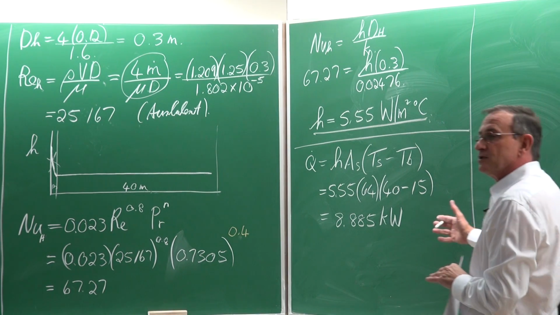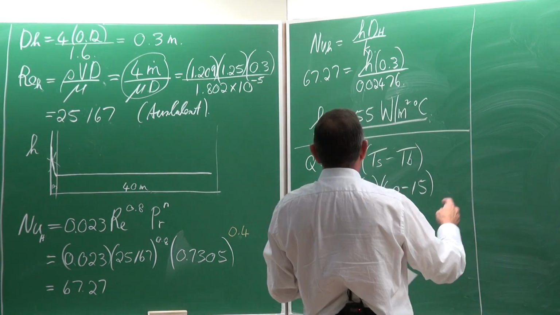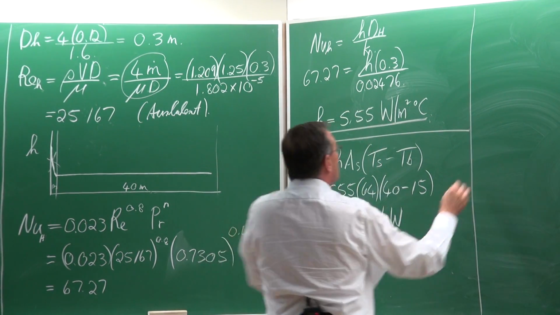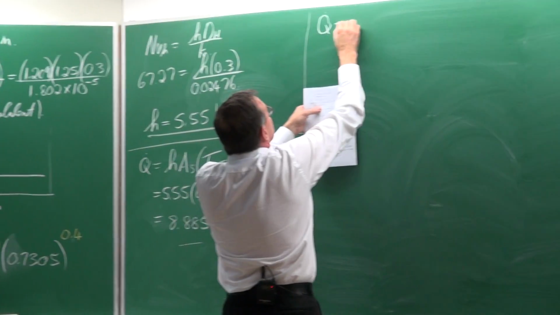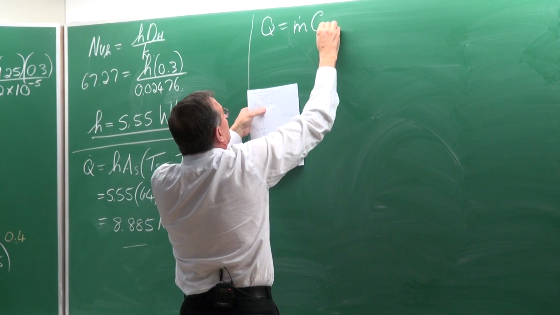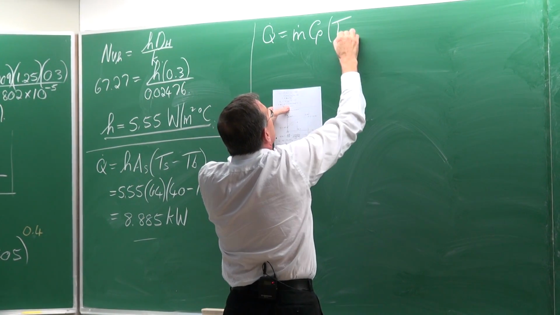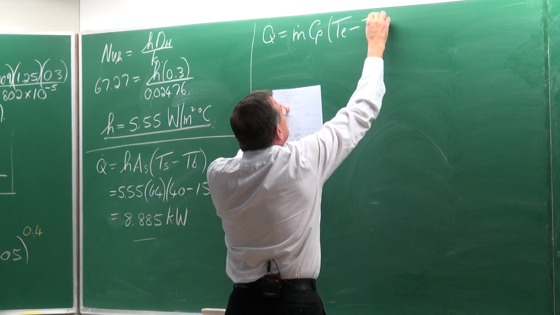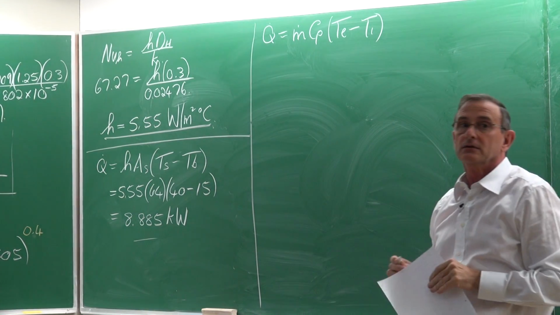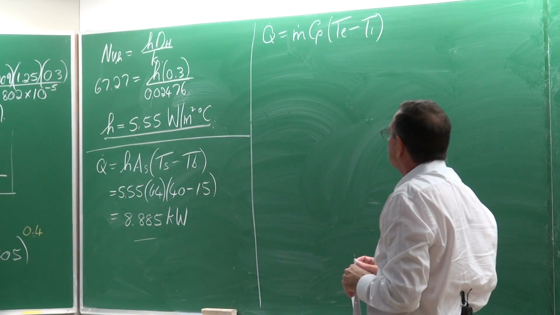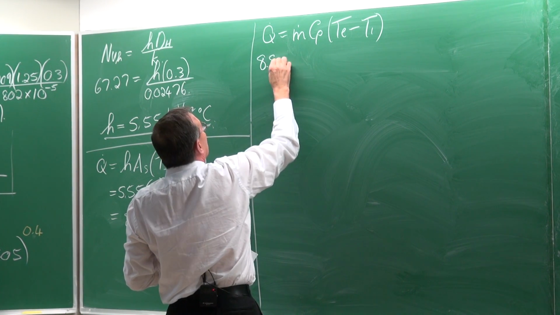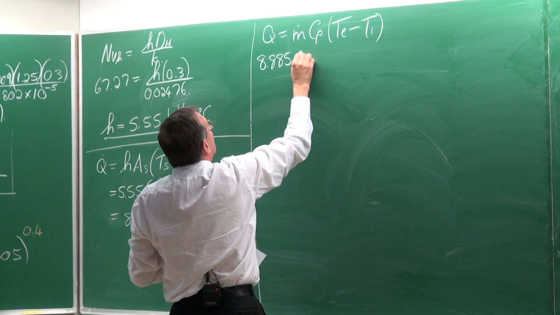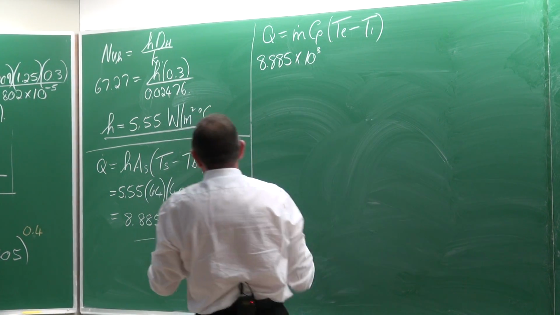Now that we've got the heat transfer rate, we can calculate the outlet temperature. We can say that the heat transfer rate is also equal to the mass flow rate multiplied by the Cp multiplied by the outlet temperature minus the inlet temperature. The heat transfer rate is equal to 8.885 multiplied by 10 to the 3.